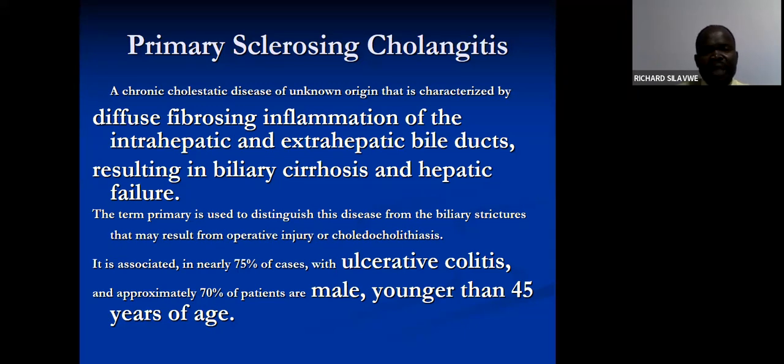The term primary is used to distinguish this disease from the biliary stricture that may result from operative injury or choledocholithiasis. It is associated in nearly 75% of cases with ulcerative colitis, and approximately 70% of patients are male, younger than 45 years of age.